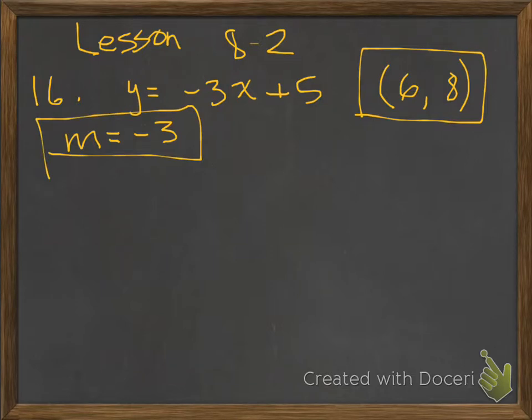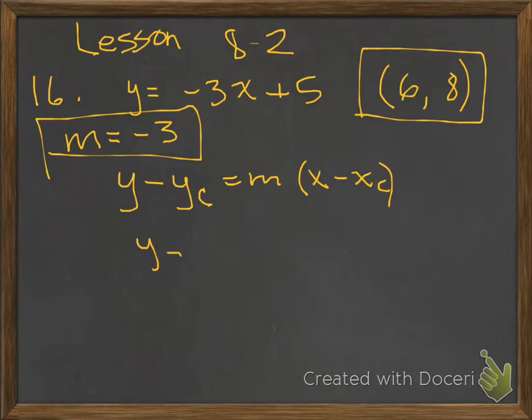So that reminds me of my favorite equation, and that is point slope form. And point slope form looks like this. Y minus the y coordinate equals the slope times x minus the x coordinate. So let's do that. We got y minus. Now what is the y coordinate of the point?